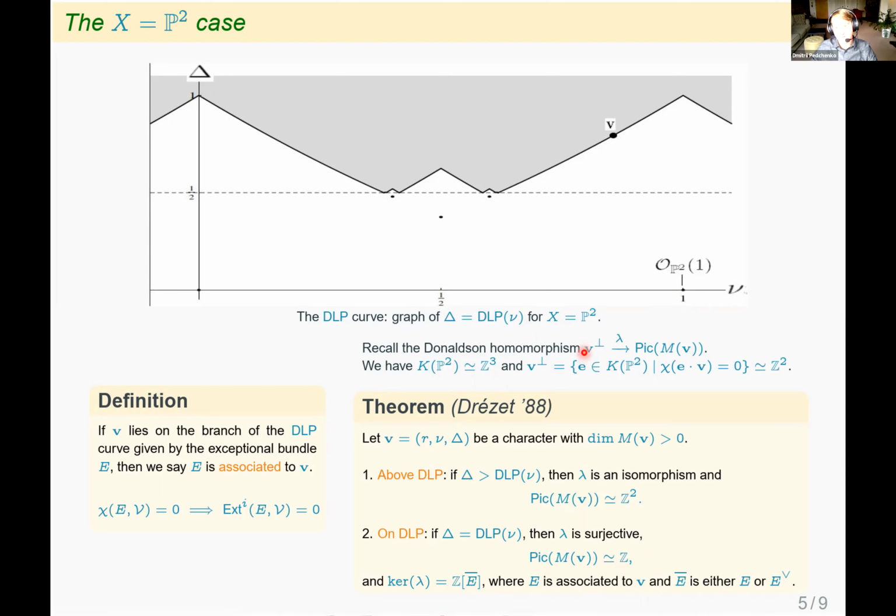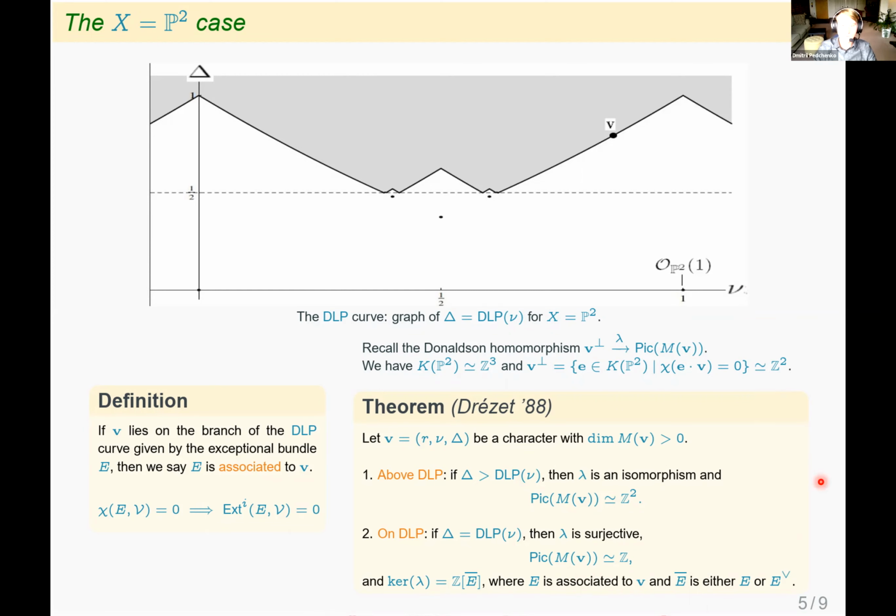Your V perp is Z2, then lambda is surjective, and you know that one copy of Z is killed by this associated bundle. So the Picard group can be no larger than Z, but it must be Z because the moduli space is projective, therefore it has an ample generator giving you a Z abelian group inside of it.